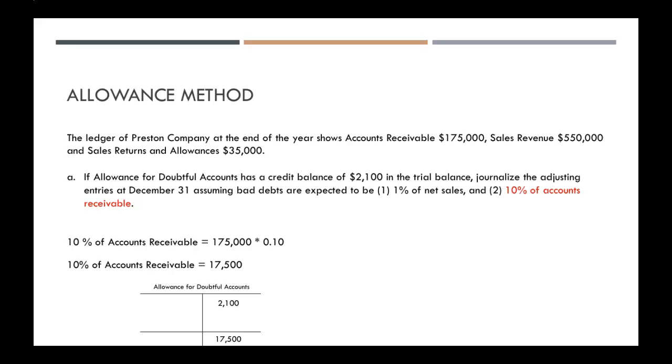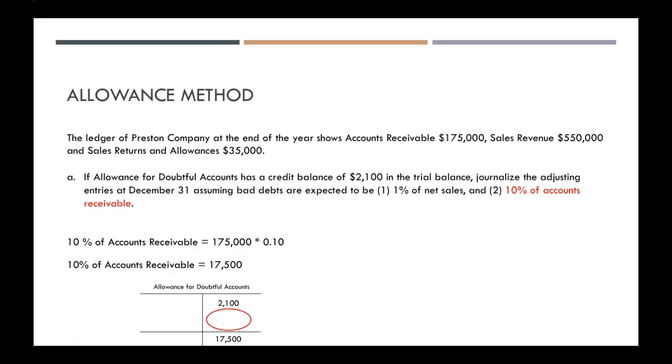So we know that we want to go from 2,100 on the credit side to an ending credit balance of 17,500. This entry that we're about to journalize is for whatever that number would be in that red circle. It's to adjust your allowance for doubtful accounts from 2,100 to this new ending balance of 17,500.